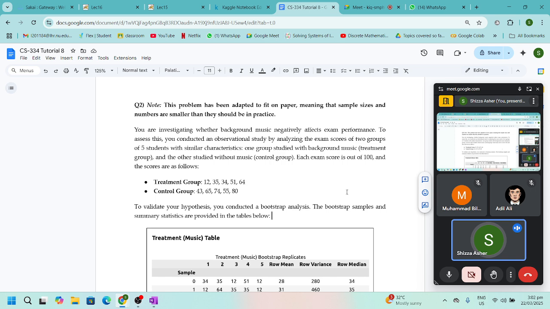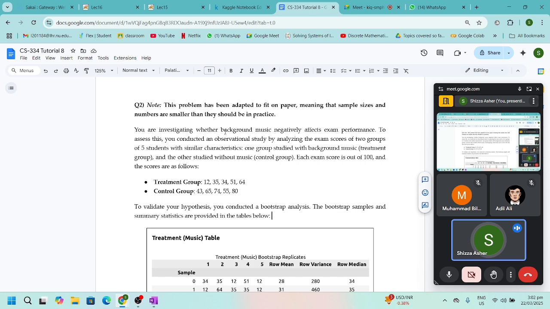This is your treatment group. The other group studied without background music. This is your control group. Each exam is scored out of 100, and we have noted the exam scores. Now, to validate your hypothesis, you constructed a bootstrap analysis. The bootstrap samples and summary statistics are provided in the table below.